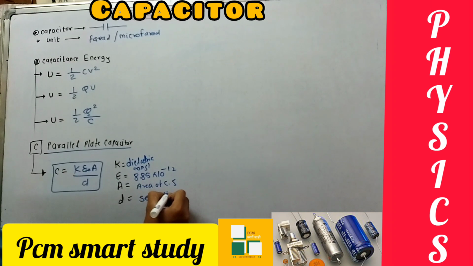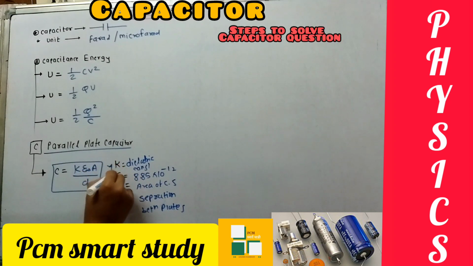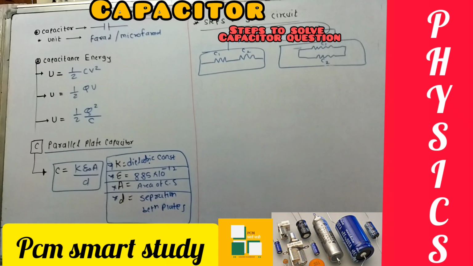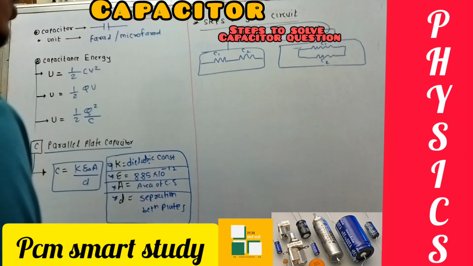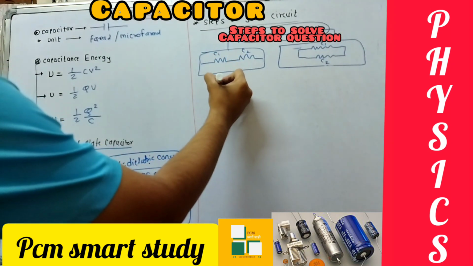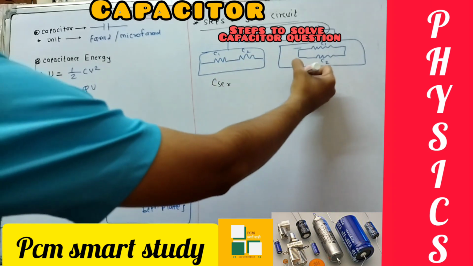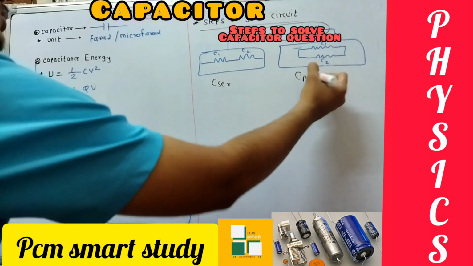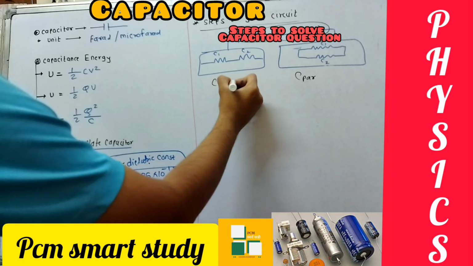Next we study how to solve questions of capacitors and the steps to solve capacitor circuits. There are two types of capacitor arrangements: series and parallel. In series, the capacitors are arranged in series, and in parallel, they are arranged in a parallel manner.